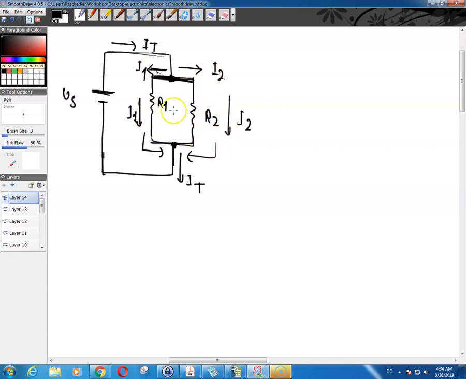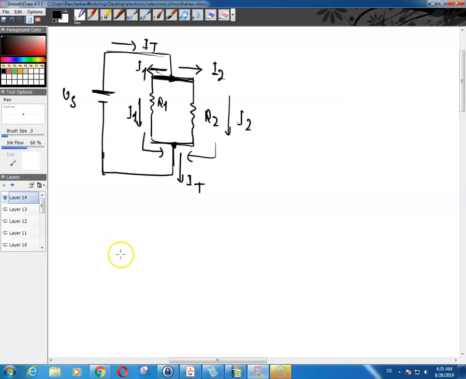I of 1 and I of 2 go through the respective branches, and then at the end of those two branches they will be added back together to get I of T, and then again the same thing happens over and over again. So yeah, this is equal to I1.